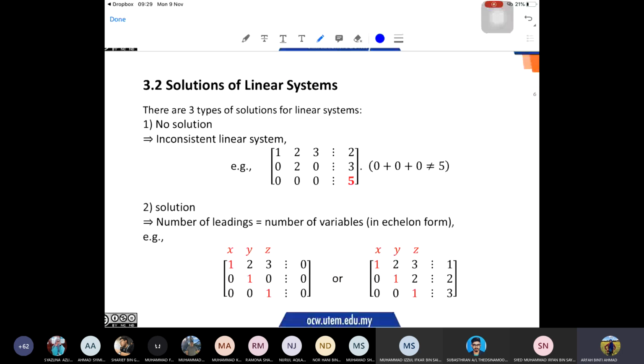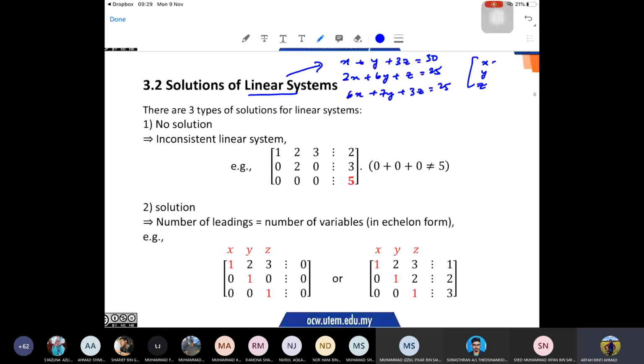Maksud linear system ni awak ada equation, linear system macam yang kita belajar dalam chapter 1. Matrix awak ada X tambah Y tambah 3Z sama dengan 30. Katakan 2X tambah 6Y tambah Z sama dengan 25. 6X tambah 7Y tambah 3Z sama dengan 25 juga. So kita nak dapat apakah nilai X, Y dan Z.